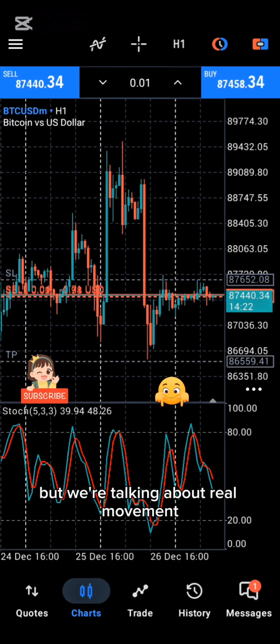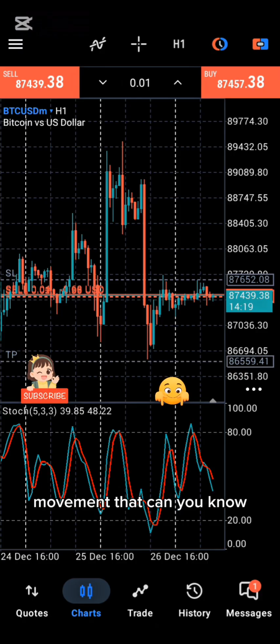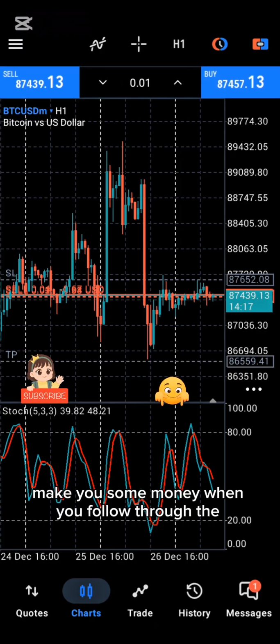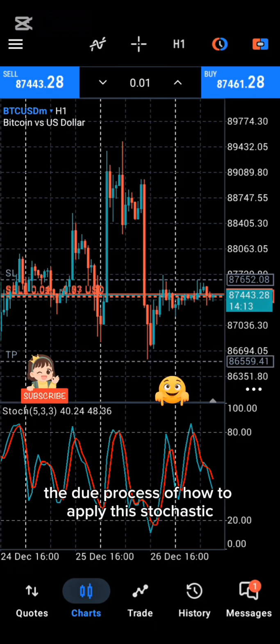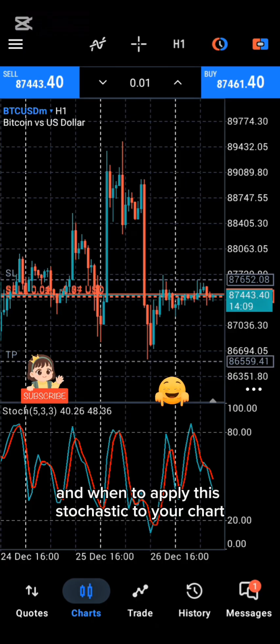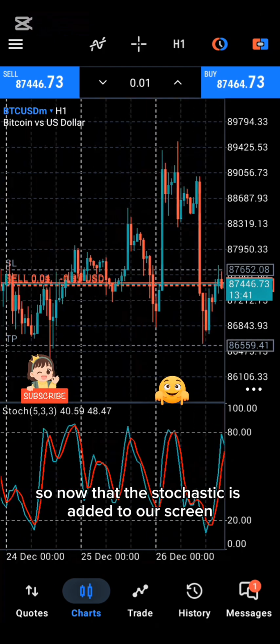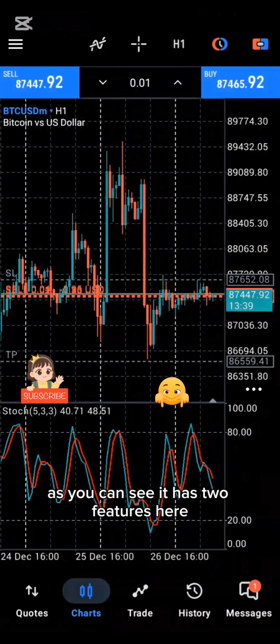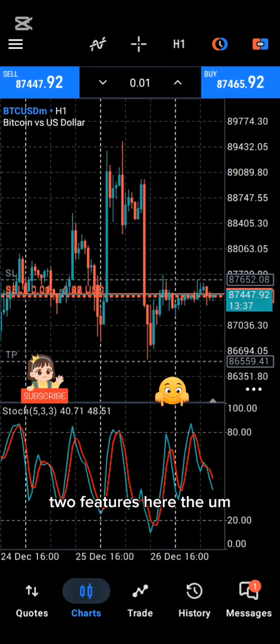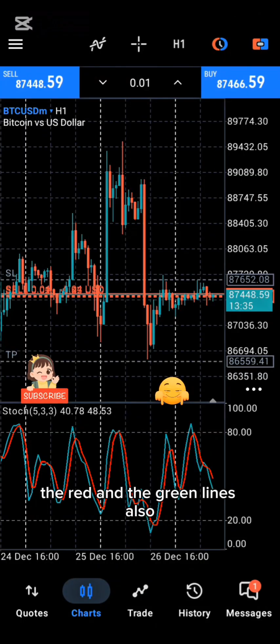But we're talking about real movement that can make you some money when you follow through the due process of how to apply the stochastic and when to apply the stochastic to your chart. So now that the stochastic is added to our screen, as you can see, it has two features here. The red and the green lines.